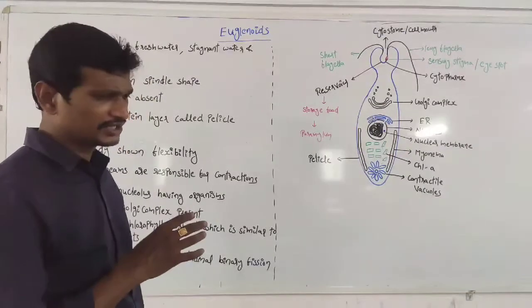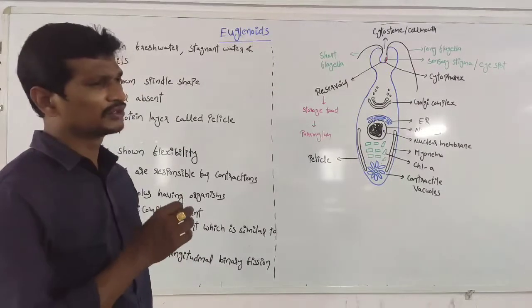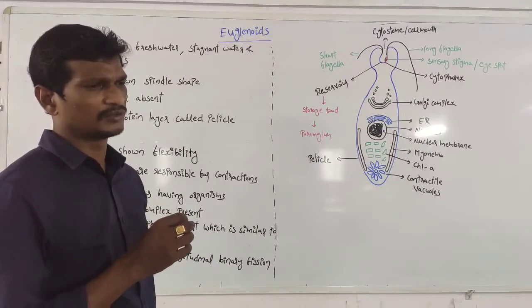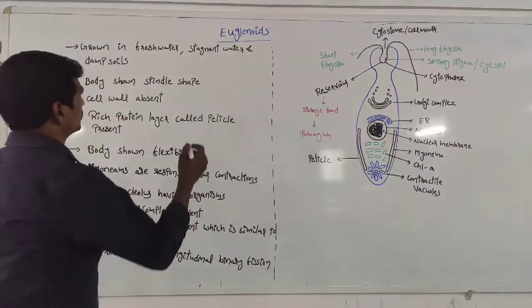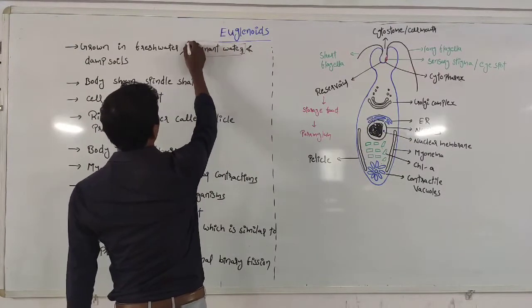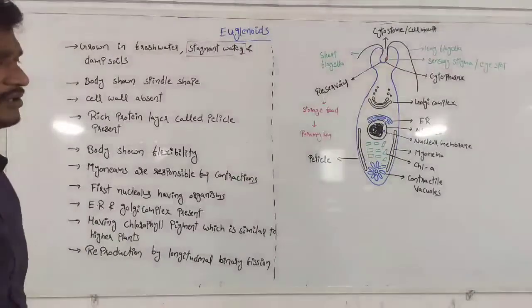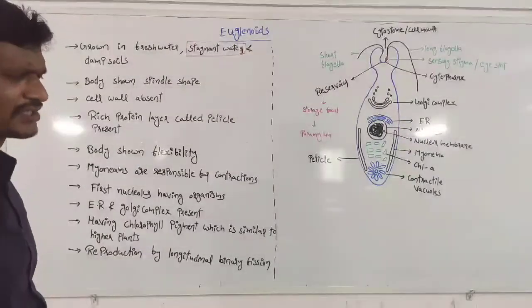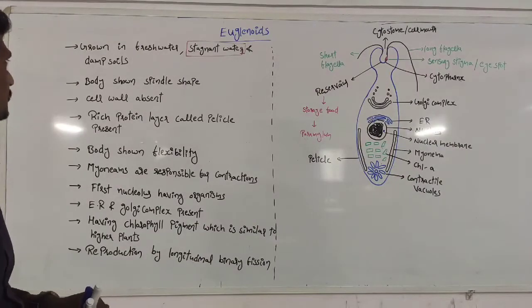If asked in which of these three Euglenoids mostly grow, the answer is stagnant water. Stagnant water majorly supports the growth of Euglenoids, and within stagnant water they grow very rapidly.